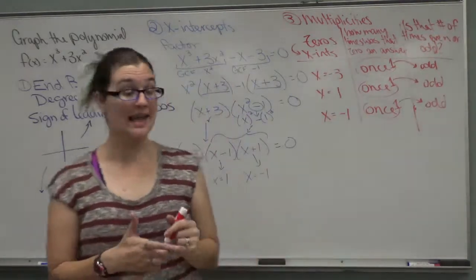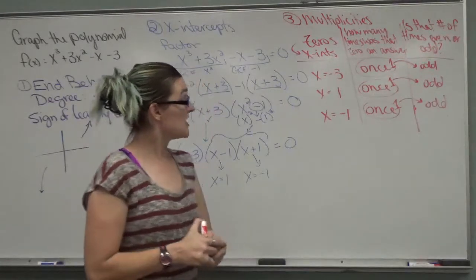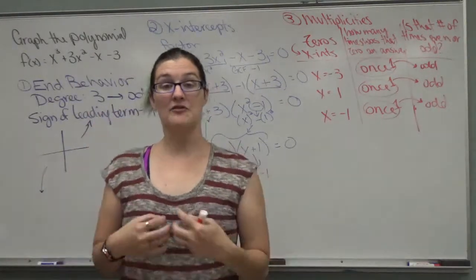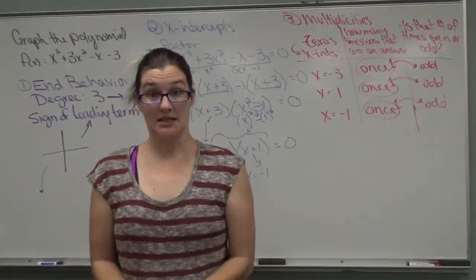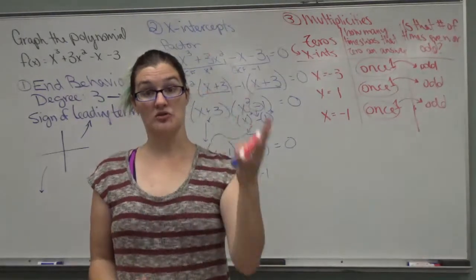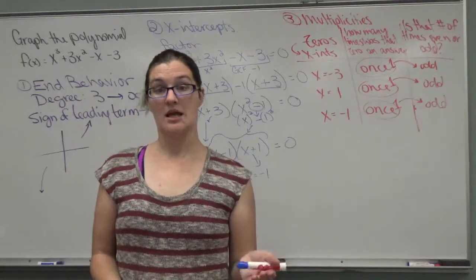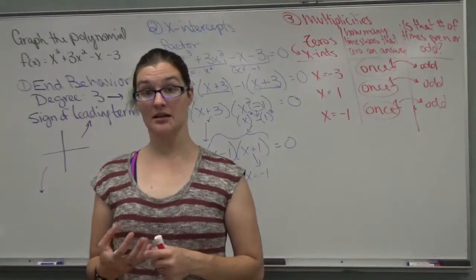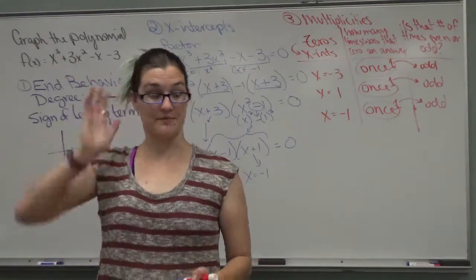And what we want to gain from this, the other thing you need to memorize: if your multiplicity is even, that means it turns around. If your multiplicity is odd, that means it passes straight through.